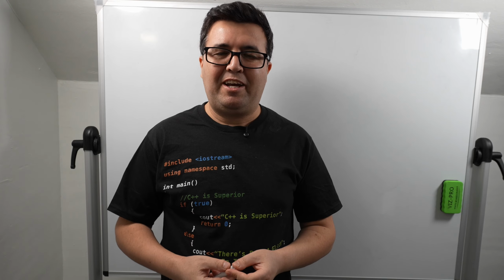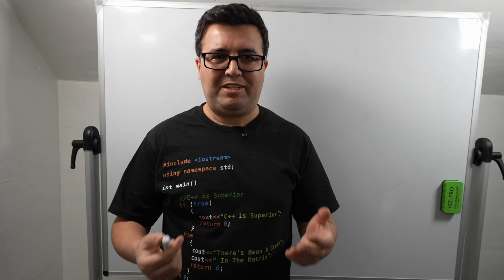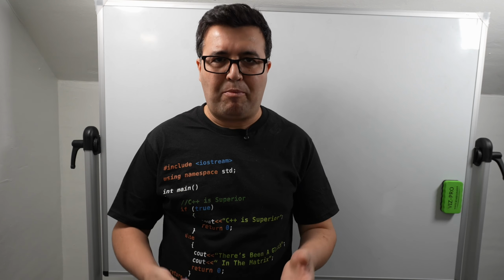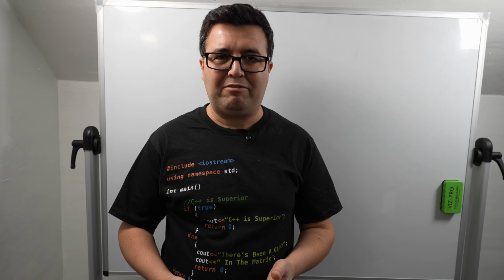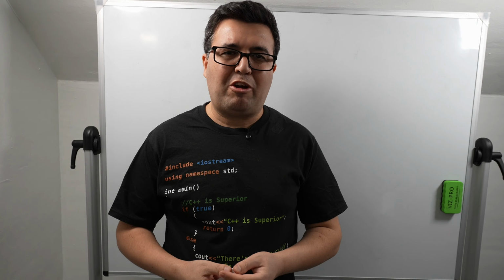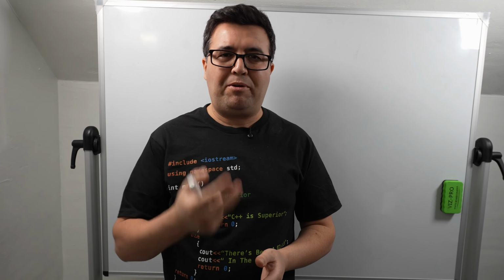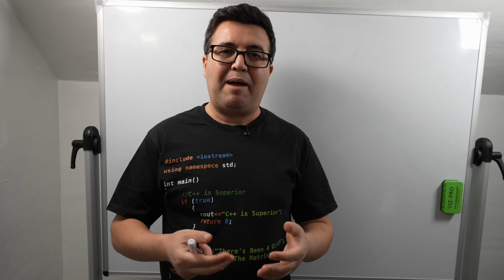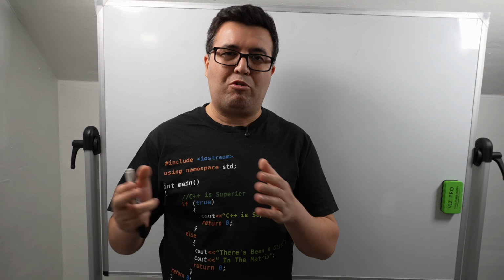In this lecture, I am going to talk about relational operators in the C++ programming language, also called comparison operators. These operators are used to compare two operands or two values together. The result of the comparison is a Boolean value, true or false.